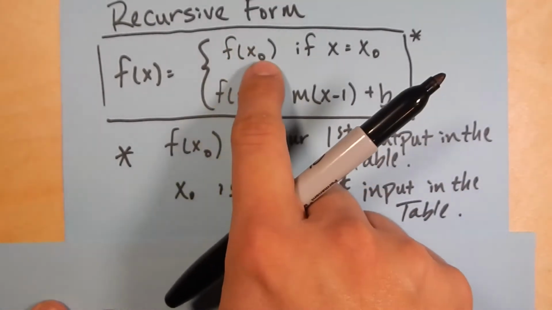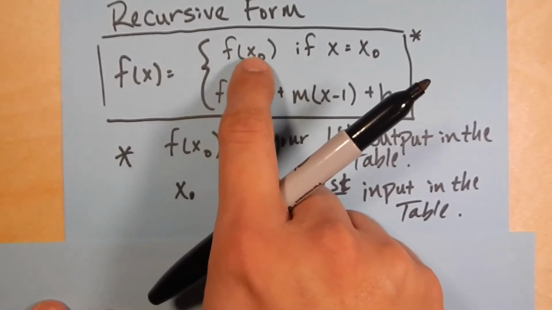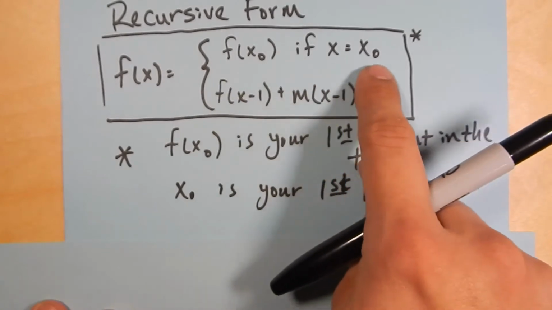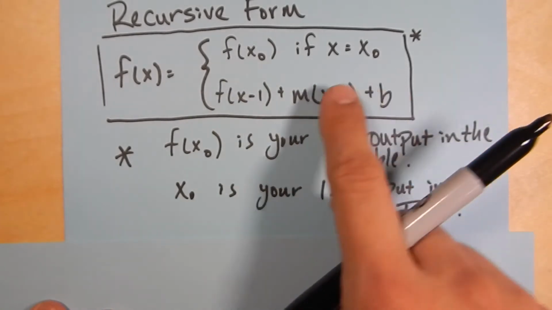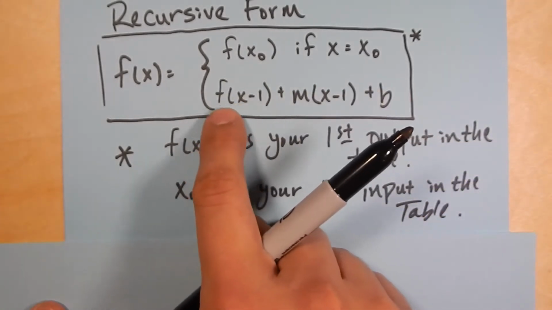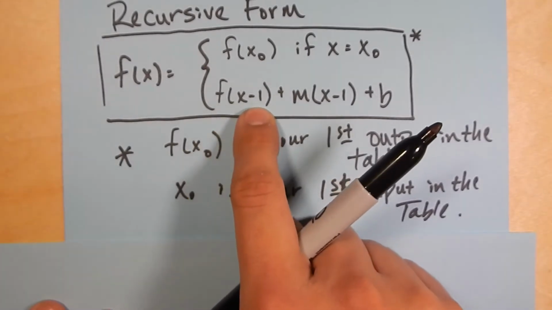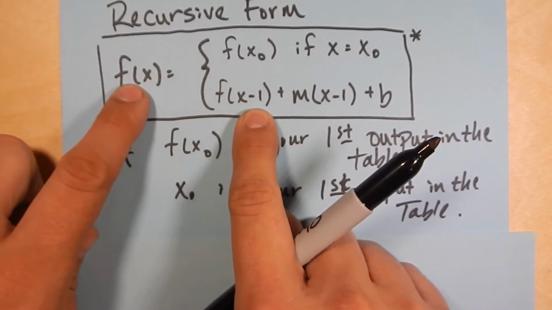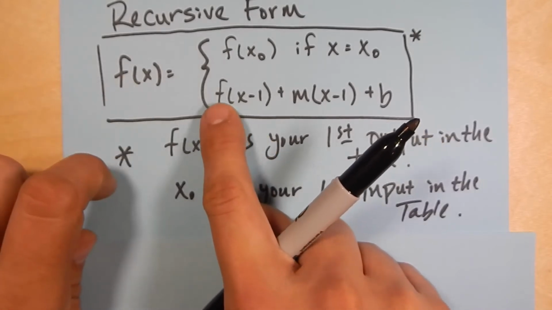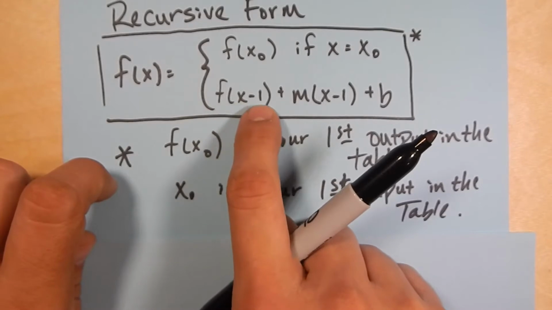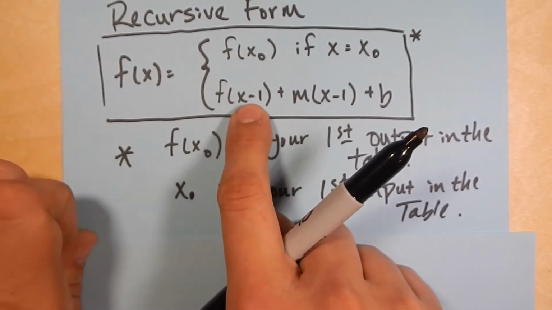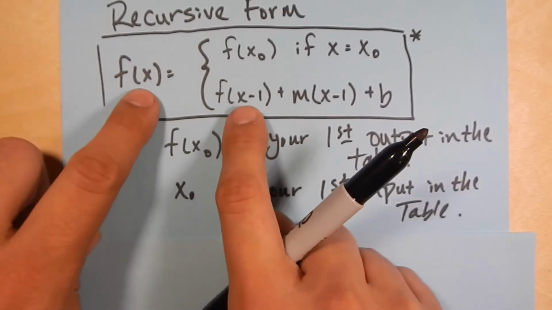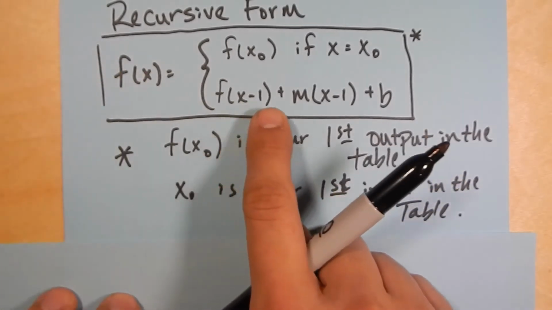This notation, f of x minus 1, means, if we're trying to find f of 3, for instance, we would take f of 3 minus 1, or f of 2. This is the previous output to this one. So for finding this one, we have to take the previous output.